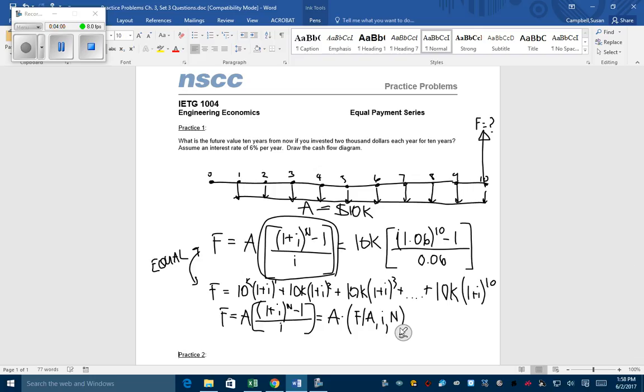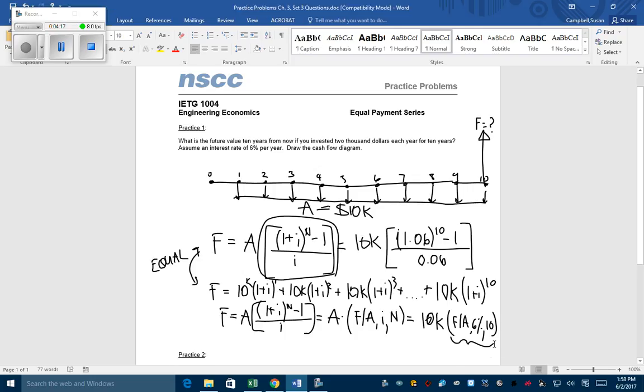And in this case, we're talking about $10,000 multiplied by F given A at 6% interest for 10 years. So we can actually look this value up in an interest table. Let's find one.